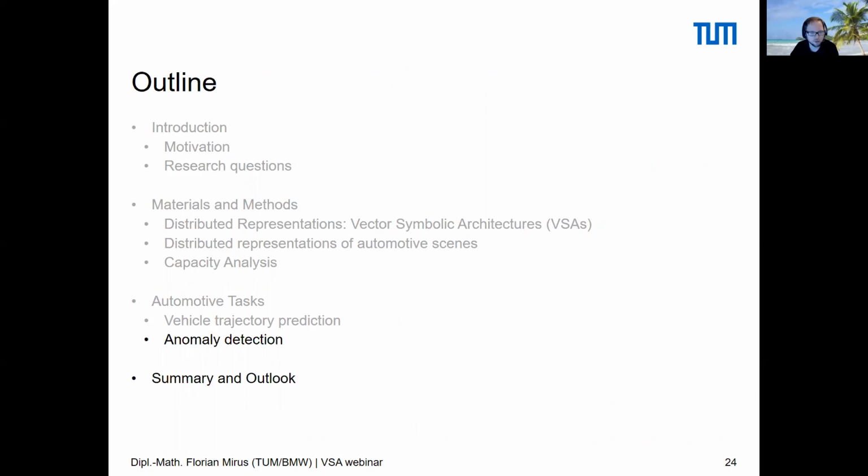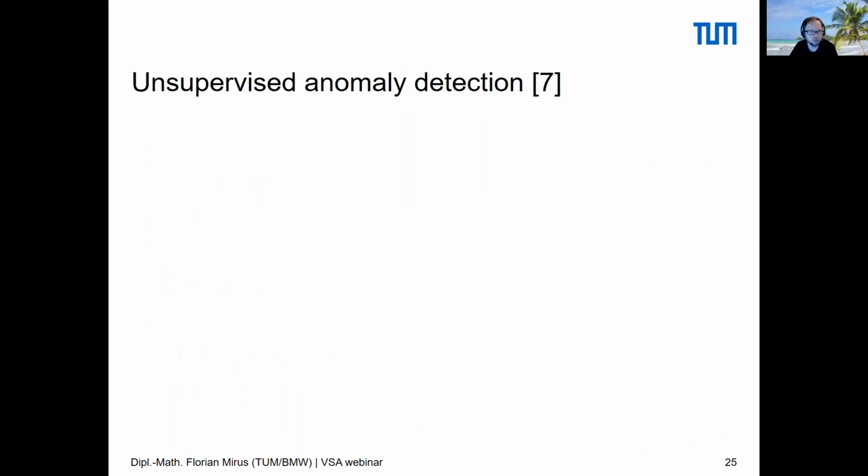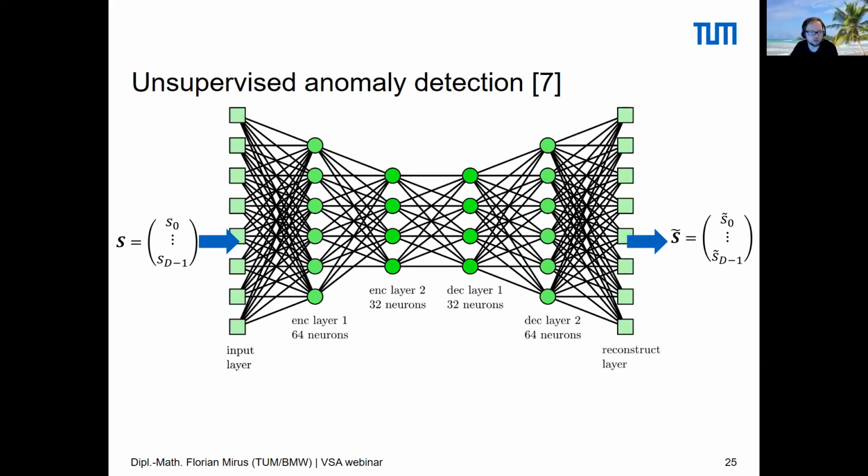Now I want to describe the anomaly detection task very briefly before I conclude with the summary. So basically the idea here is to use the same representation as for the vehicle trajectory prediction and see if we can find anomalies in the data.